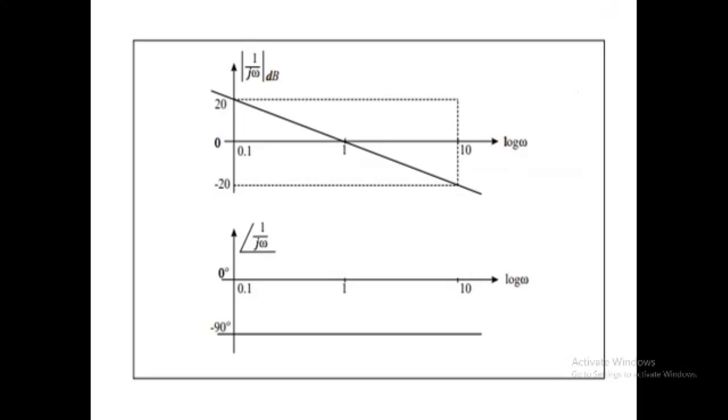So it can be easily observed that the phase for a pure integrator is constant, whereas the magnitude is represented by a straight line intersecting the frequency axis at omega equal to 1 and having a slope of minus 20 dB per decade.